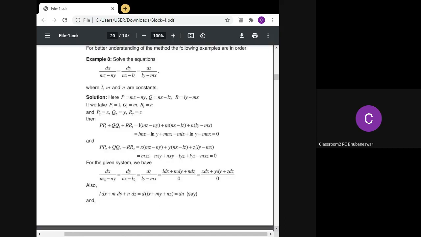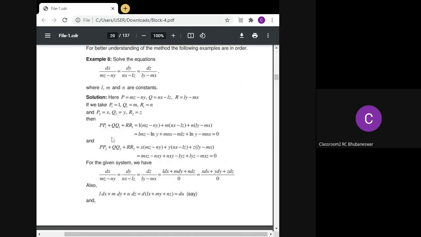Here we first assign the values of capital P, Q, and R. So here we are taking P1, Q1, R1 and P2, Q2, R2. These values we have to choose very carefully and in such a manner that the relations in equations 41 and 42 must be satisfied, as has also been established in this particular example.